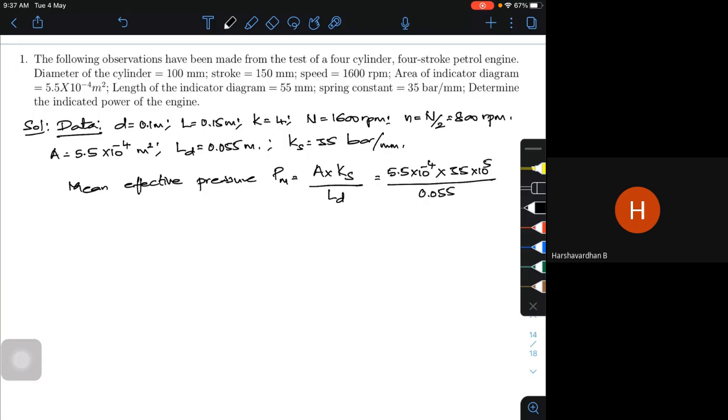If I calculate, I am getting the mean effective pressure as 3.5 bar, that is 3.5 into 10 to the power of 5 Newton per meter square.